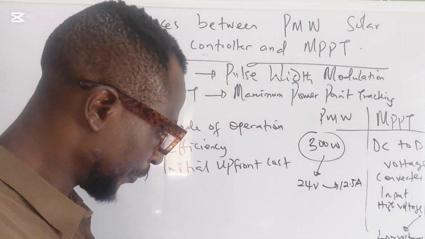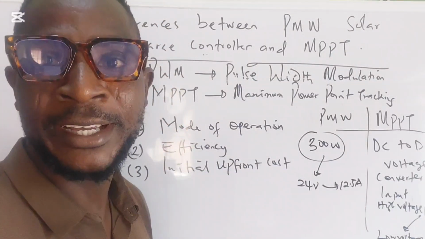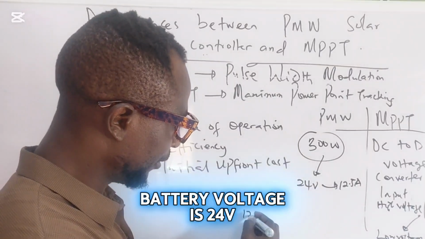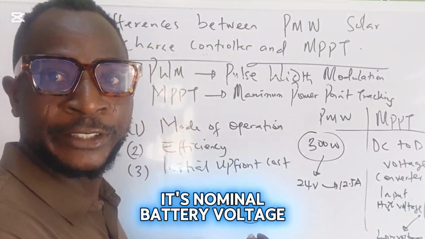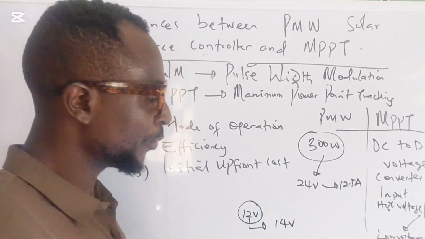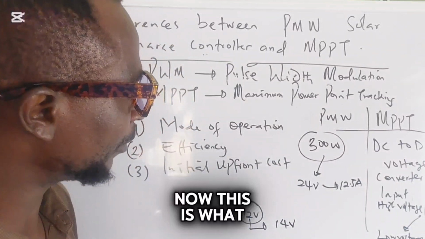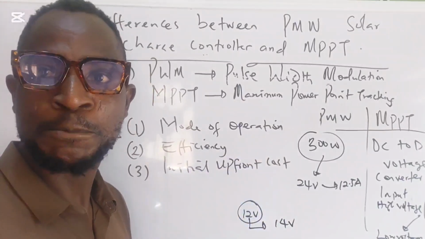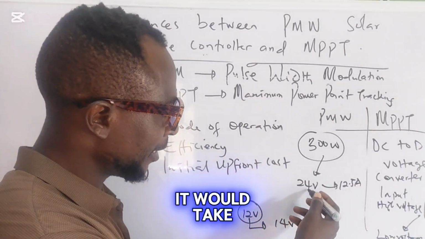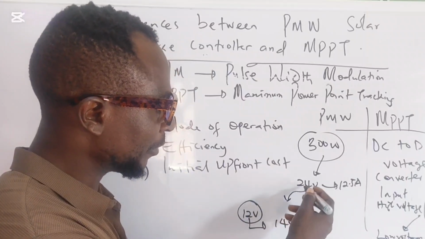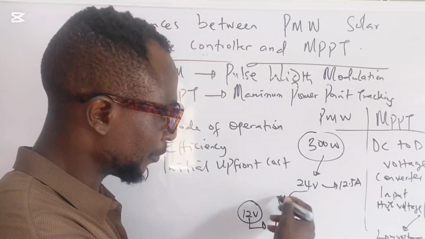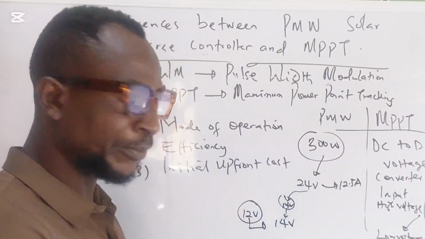Now this is what MPPT solar charge controller does. Now we said our battery voltage is 12 volt, the nominal battery voltage, and we get fully charged at 14 volt. Now this is what is coming from the panel. What the MPPT does is that it will take 14 volt out of this 24 volts to charge your battery.